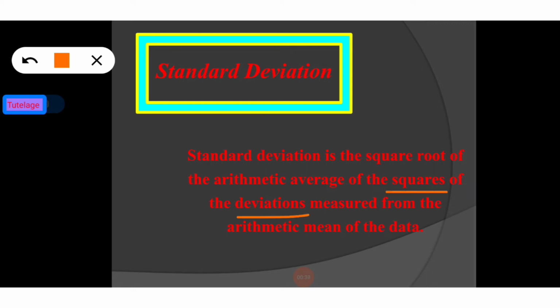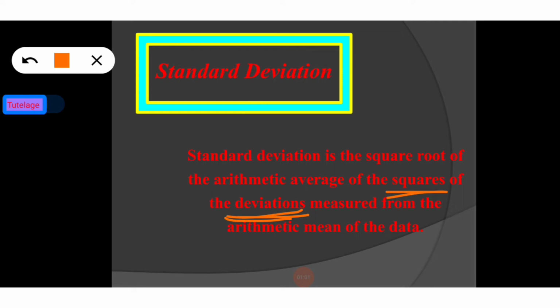That is the basic difference between the mean deviation and the standard deviation: in mean deviation the absolute values of the deviations are taken, but in standard deviation the squares of the deviations are taken. Clear? I think this is clear because we have already discussed what we mean by standard deviation.